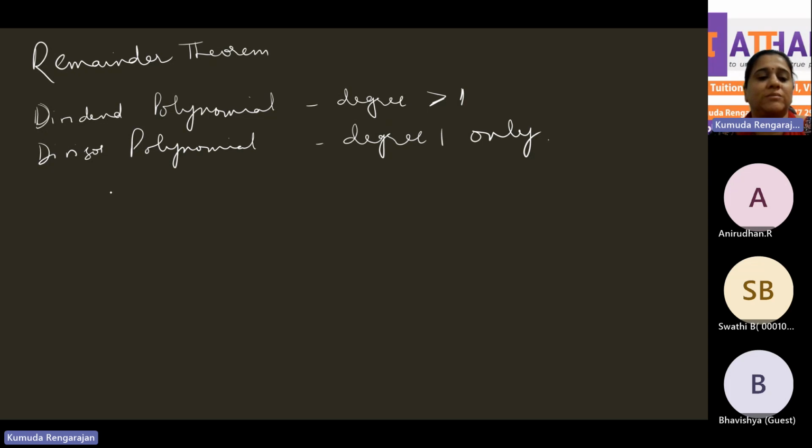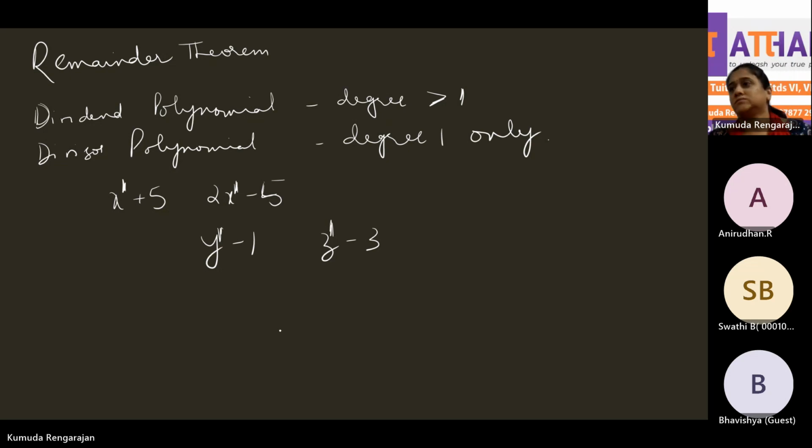That means the divisor polynomial can be like x plus 5, 2x minus 4, 2x minus 5, or y minus 1, z minus 3. See, the power should be 1. It is a linear polynomial.